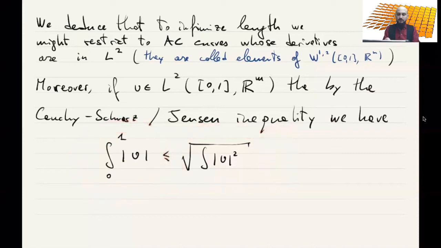Moreover, the Cauchy-Schwarz-Jensen inequality tells us that you have equality when the function is constant. So when the curve is parameterized by arc length, this is an equality. Let me stress this: equality if the norm of u is constant.